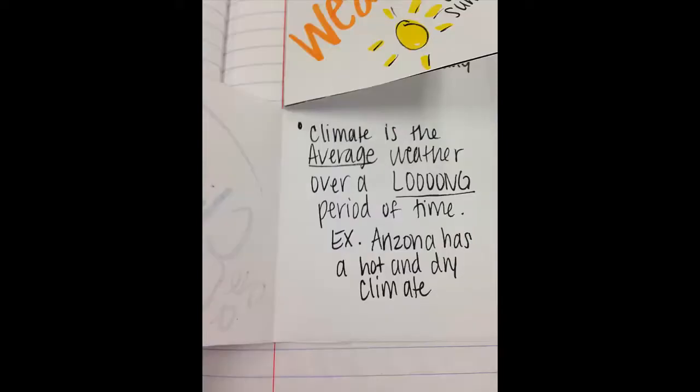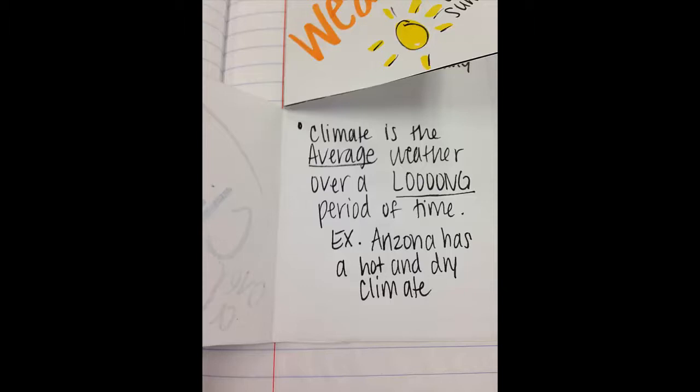Now weather, that's the daily conditions. That's what happens from day to day, from week to week. That's currently happening. But on the other hand, we can have what we call climate. You may have heard people say Texas has a hot climate or a dry climate. And that is simply talking about how the conditions usually are in Texas at different times of the year. So climate is the average weather over a long period of time.